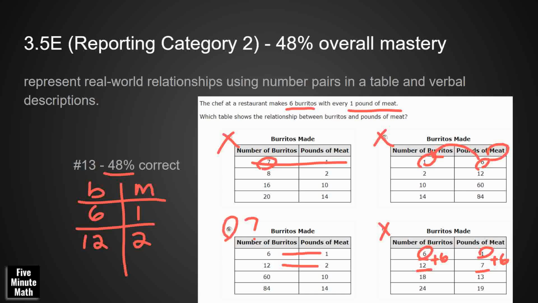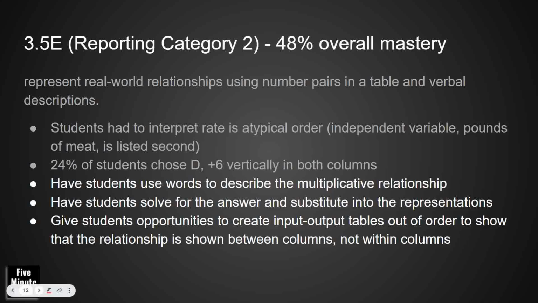Because what we're doing is we're taking our number of burritos on the left, and we're dividing it by 6, and we're getting our pounds of meat number on the right. So 48% of our students got this correct. And so they had to interpret this rate, but it was in an atypical order because the independent variable, pounds of meat, that's listed second.